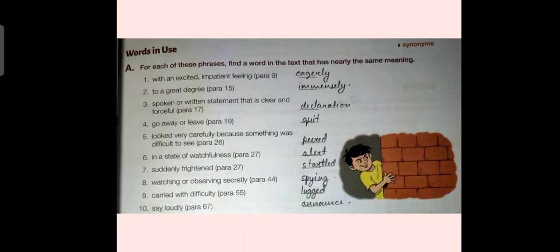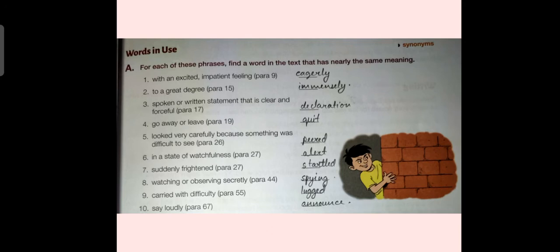Now we will do words in use. Exercise A. For each of these phrases, find a word in the text that has nearly the same meaning. Sentence number 1. With an excited, impatient feeling. The word which can replace this phrase is eagerly.